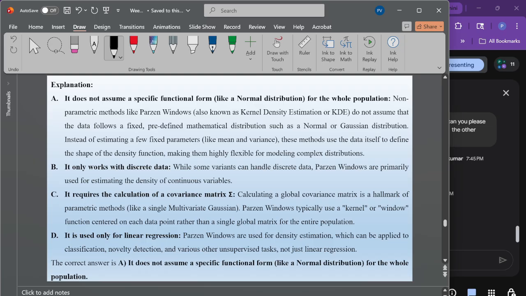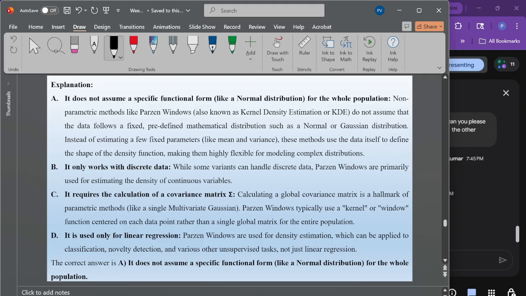Instead of estimating a few fixed parameters like mean and variance, these methods use the data itself to define the shape of the density function, making them highly flexible for modeling complex distributions.